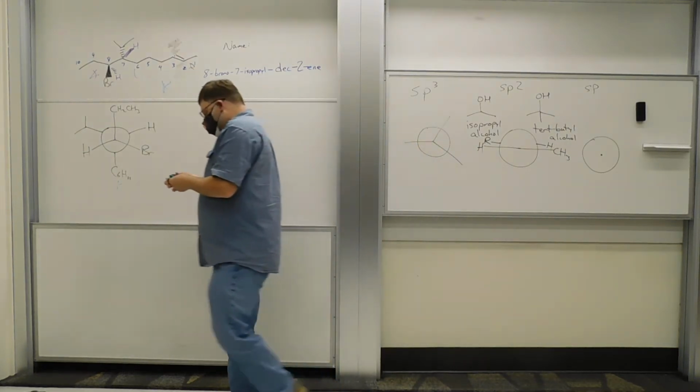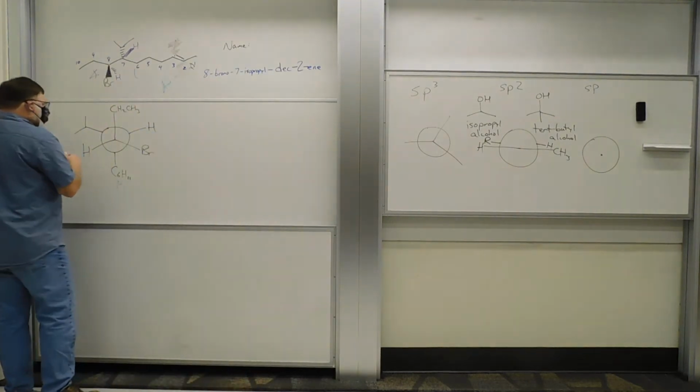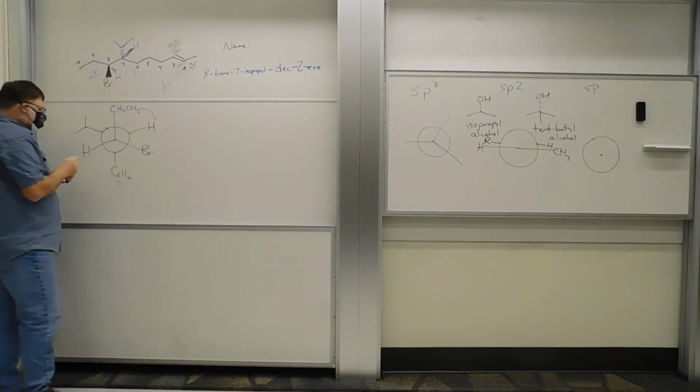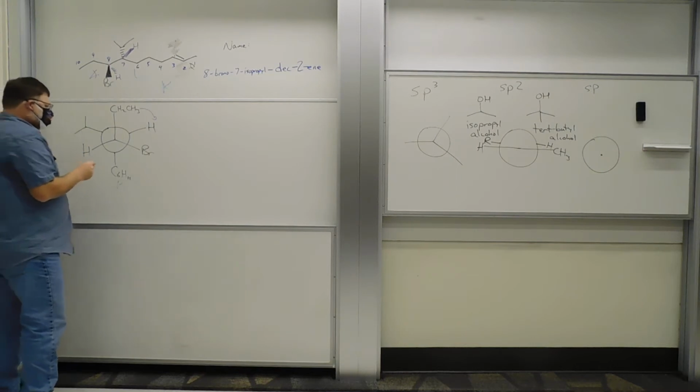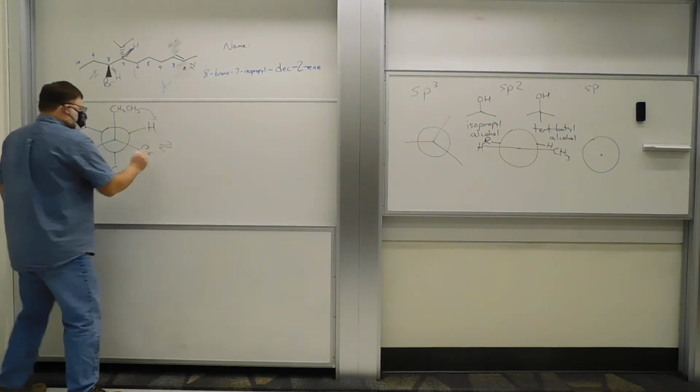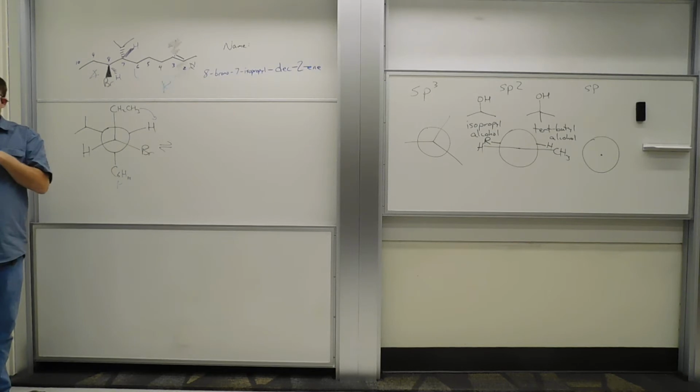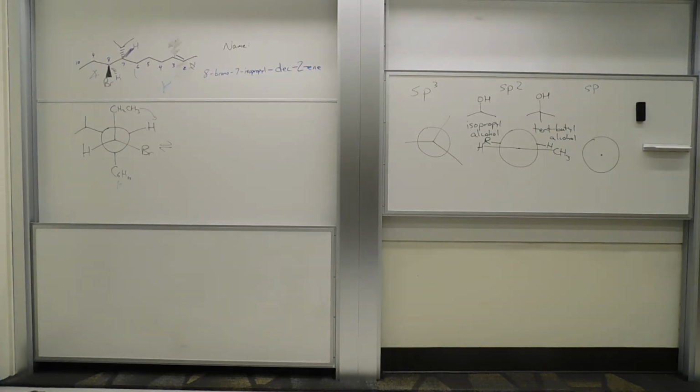This one does. So, like I said, let's move. I'm going to hold the back carbon the same. I'm going to rotate the front carbon clockwise. That equilibrium arrow, 2 different arrows, one going left, one going right, says these 2 structures turn into each other.